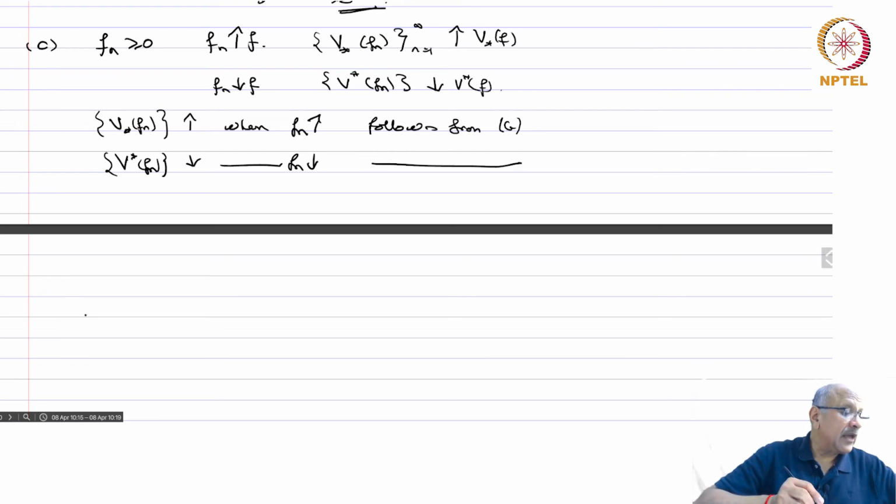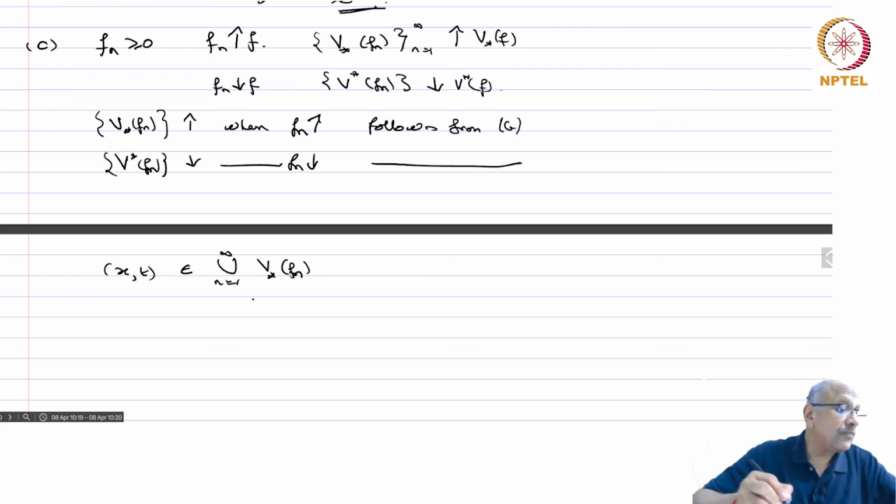Okay, so let us take (x, t) belonging to the union n equals 1 to infinity of V sub star f_n. This means what?